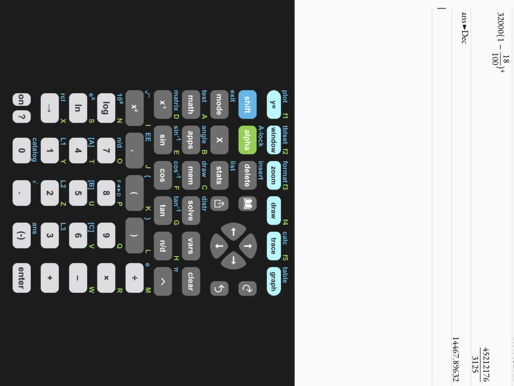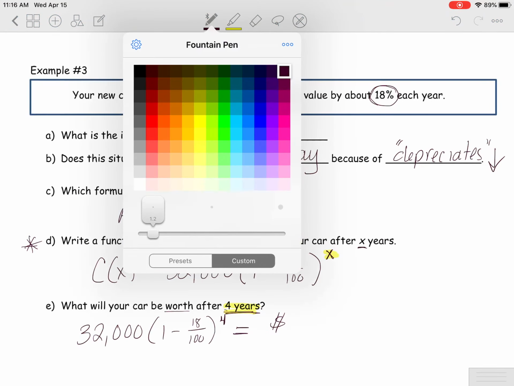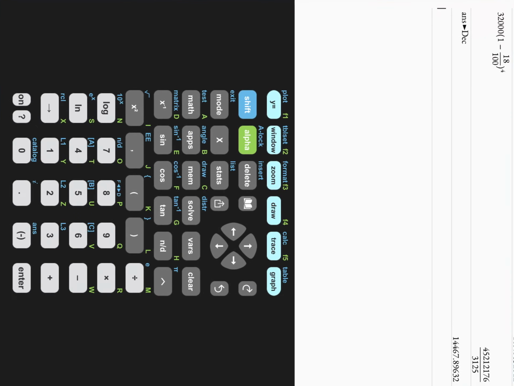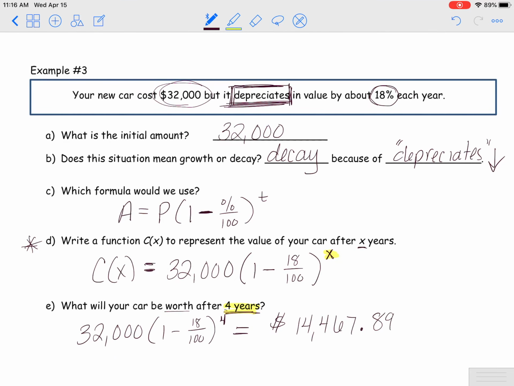So it looks like my car is gonna be worth 14,467.89632.